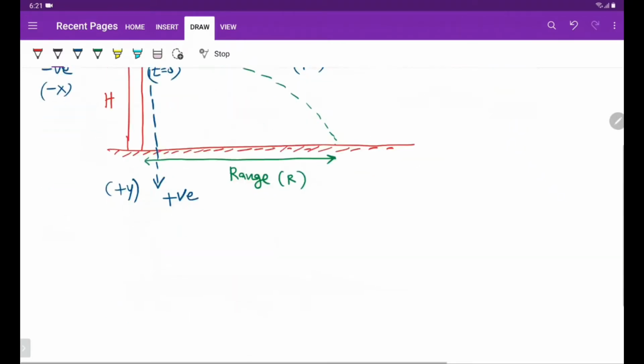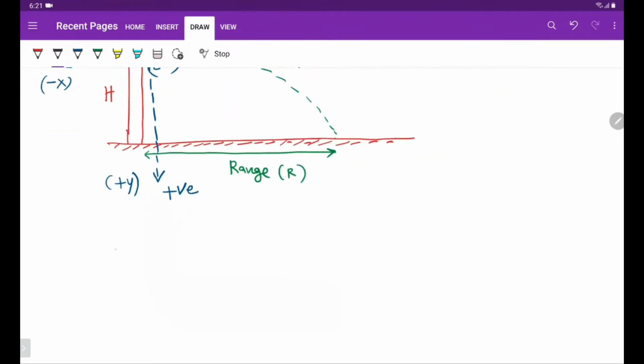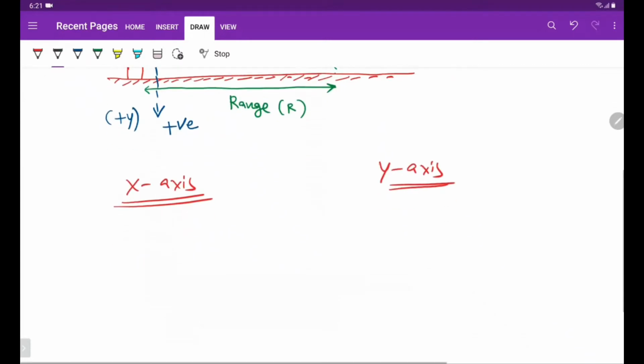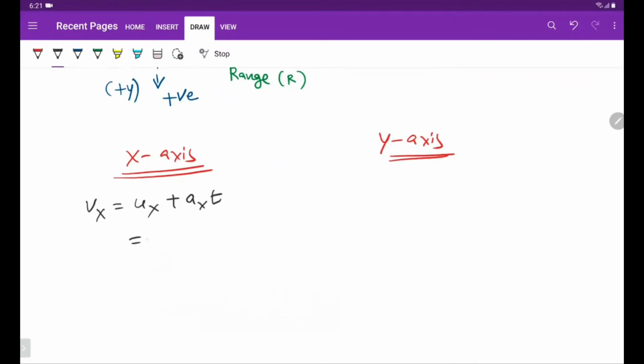So apply kinematic equations along the x-axis and along the y-axis. We have v is equal to u plus at along the x-axis: vx is equal to ux plus ax into t. We know ax is 0.